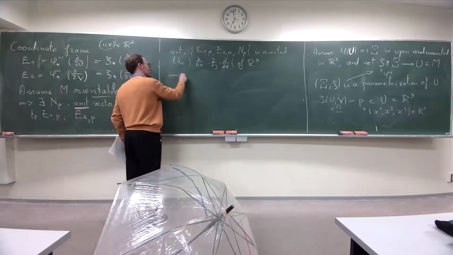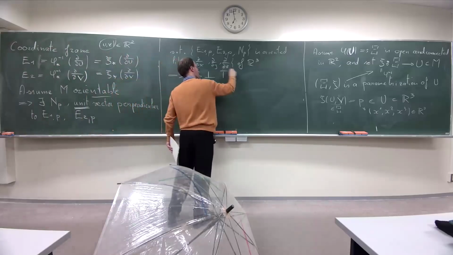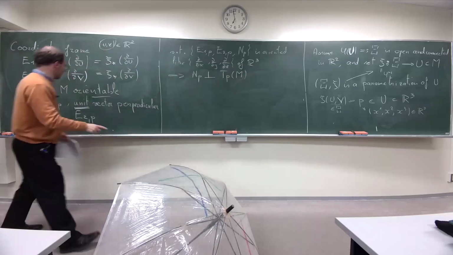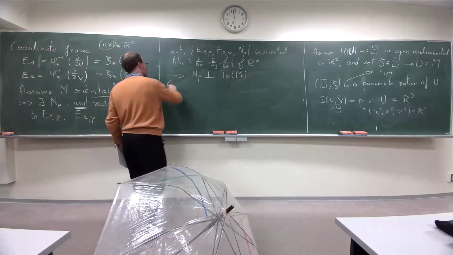So it implies, by definition, this NP is perpendicular to TP of M, because TP of M is generated by these two vectors here. So now I consider a curve.